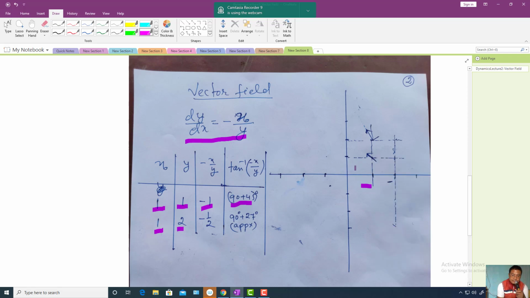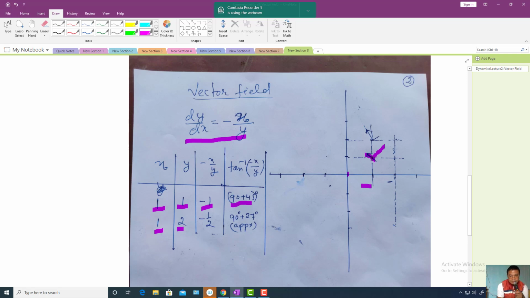So if you draw this one here, this will be 45 degrees. Then if you put 90 degrees from here, the direction will be in this direction. So this is 45 degrees plus 90 degrees, so the direction will be in this.